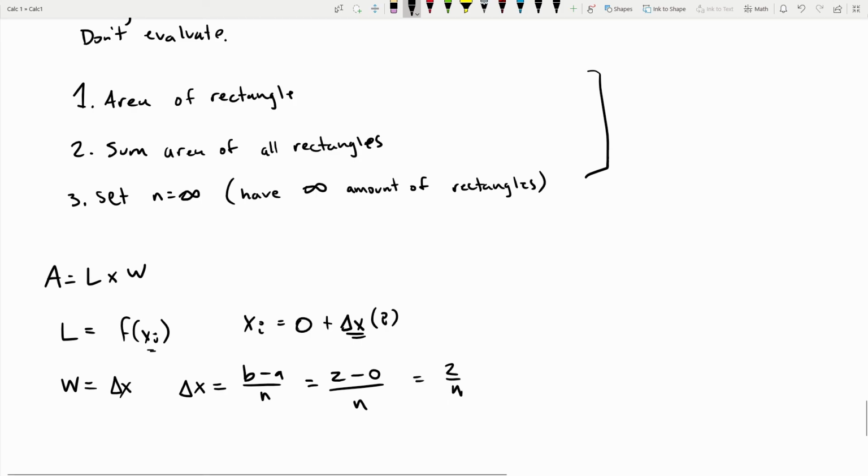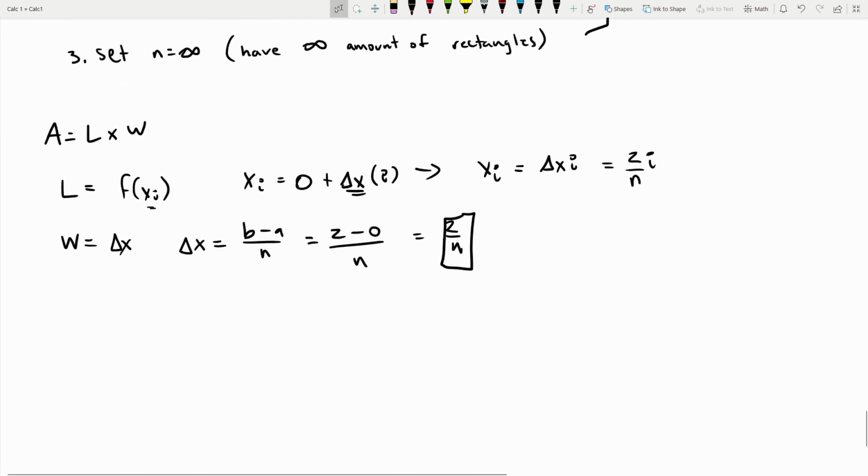So now that we've computed delta x being 2 over n, we can go on to simplify this even further. We can say that x at i is going to equal delta x times i, because we don't need that 0 anymore, and this is equal to 2 over n times i. So now that we have found xi, we want to find what f at xi is equal to.